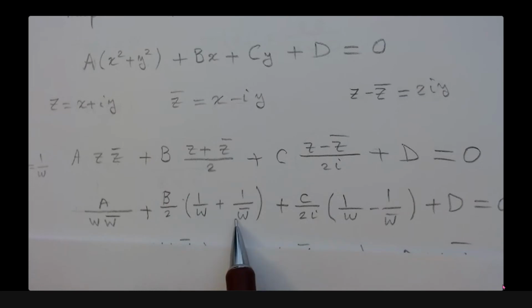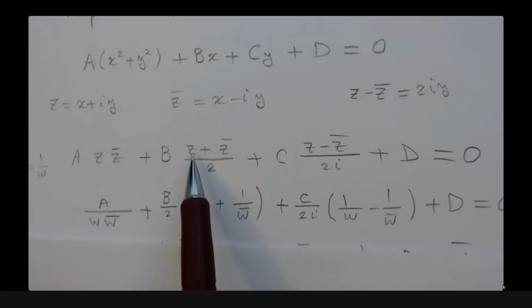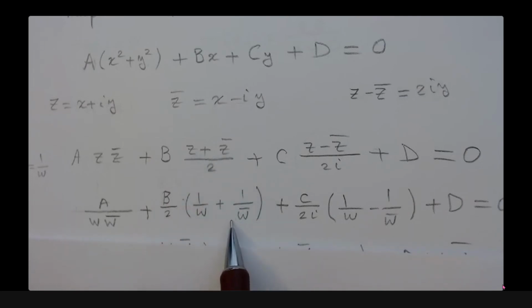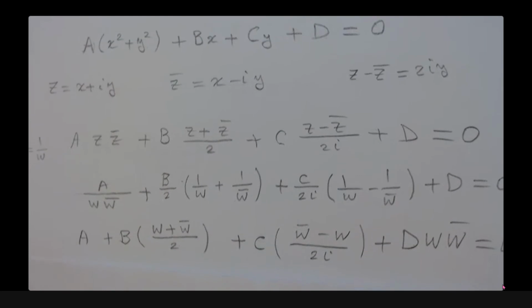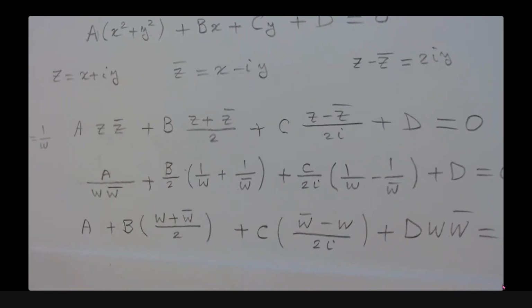This is for z plus z bar. Here's z minus z bar, and here's d. Now, let's multiply the whole thing by w times w conjugate to get rid of these denominators. And if we do this, this is what we get.